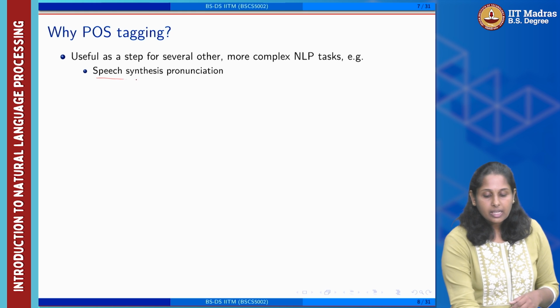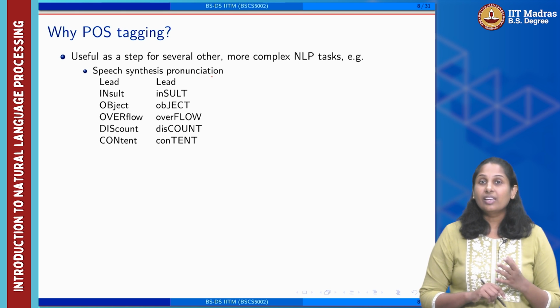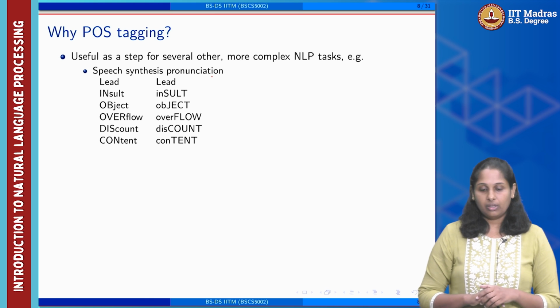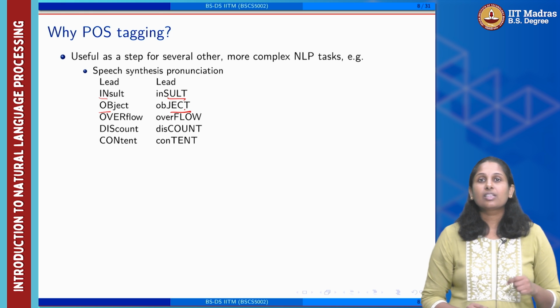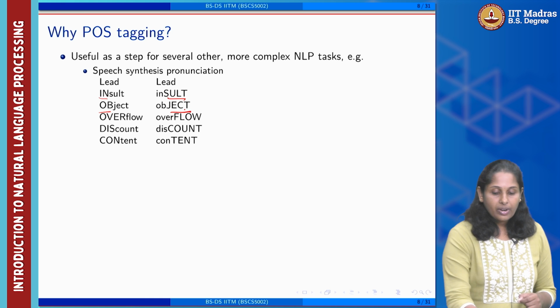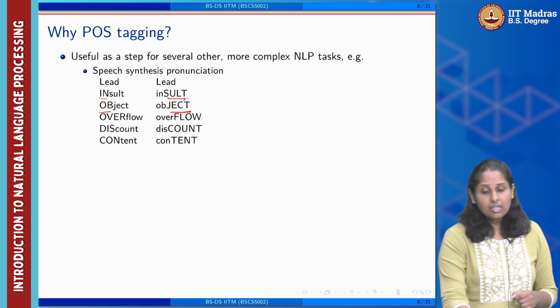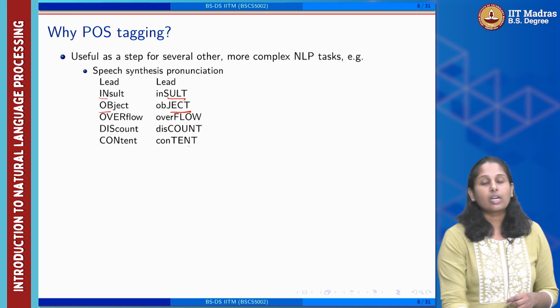For example, let's take speech synthesis. Speech synthesis in English needs to understand the category of the word. You could see the highlighted ones over here are where a stress is being put on that particular word. For example, lead versus lead, insult versus insult, object versus object, overflow versus overflow, discount versus discount, content versus content.